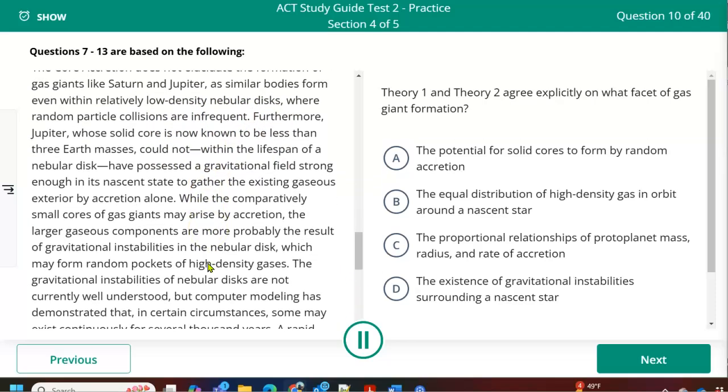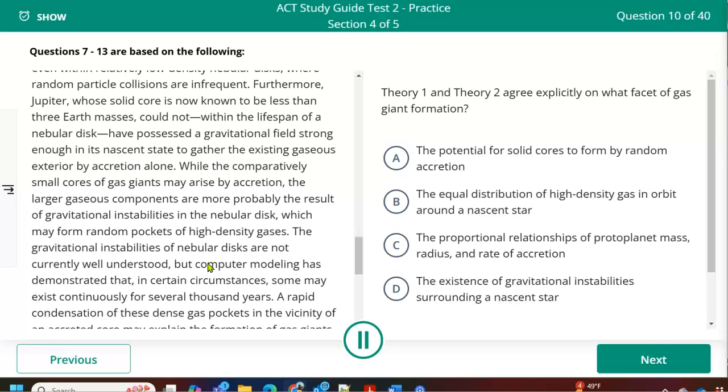Furthermore, Jupiter's solid core is now known to be less than 3 Earth masses, could not, within the lifespan of a nebular disk, have possessed a gravitational field strong enough in its nascent state to gather the existing gaseous exterior by accretion alone, while the comparatively small cores of gas giants may arise by accretion.